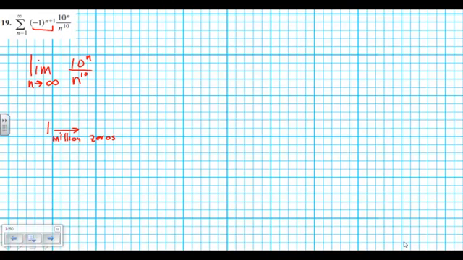Okay, 1,000,000 to the 10th power is going to be 1,000,000 times 1,000,000 times 1,000,000 times 1,000,000, and so on. That's going to be a 1 followed by 60 zeros.